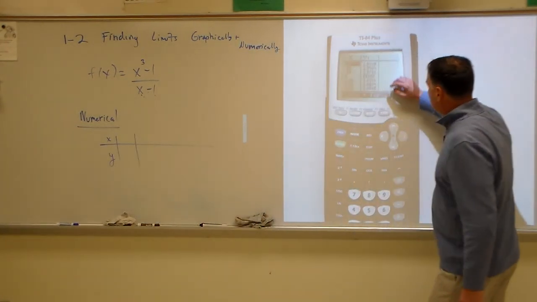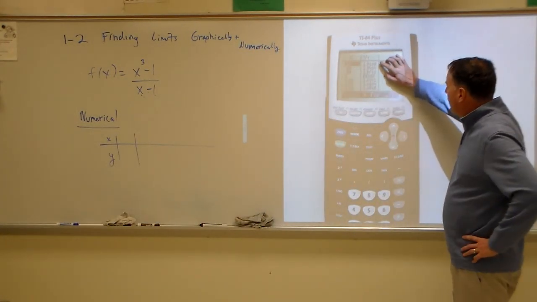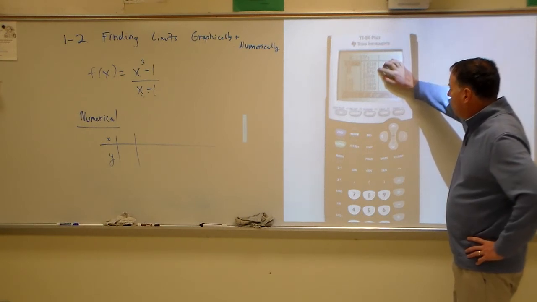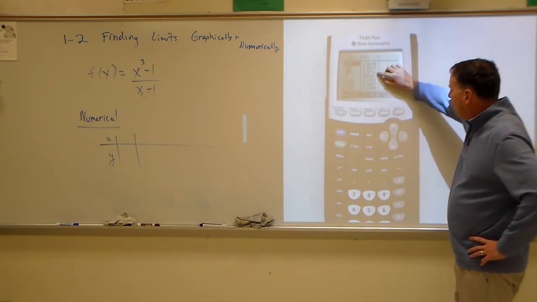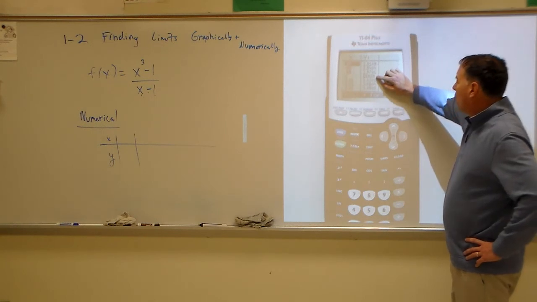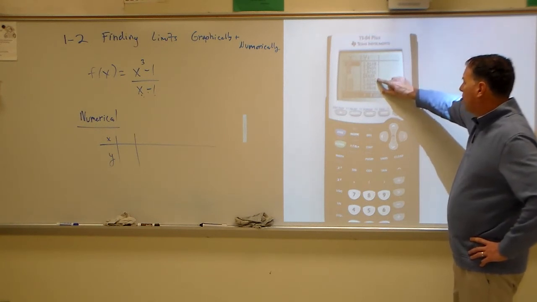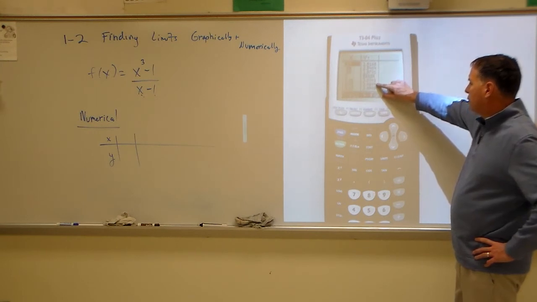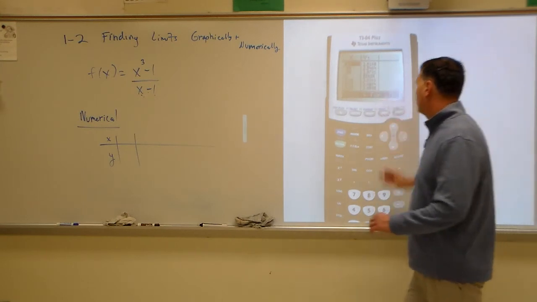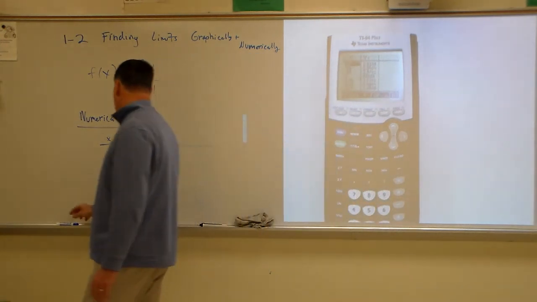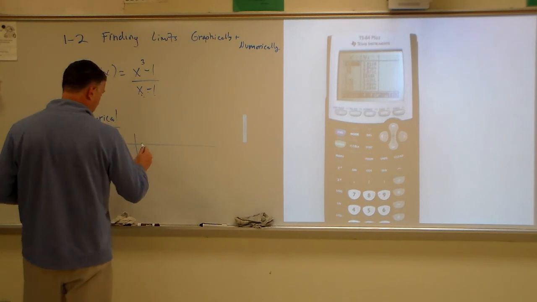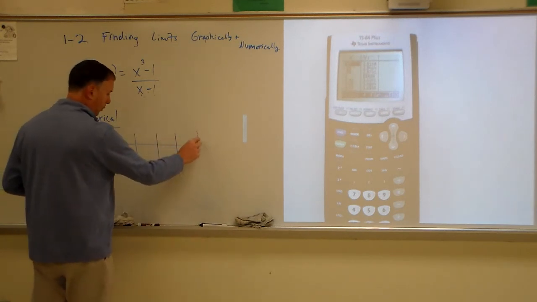It says 0.97 is 2.91, 0.98, 2.94, 0.99, 2.97. 1 says error, 1.01, 3.03, 1.02, 3.06, 1.03, 3.0909. So this is what you would write down for your numerical approach.